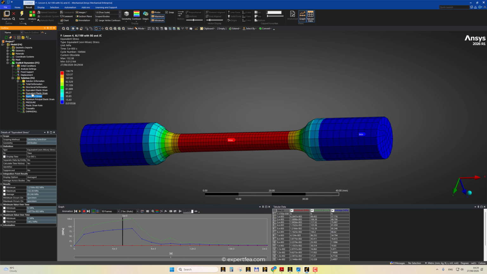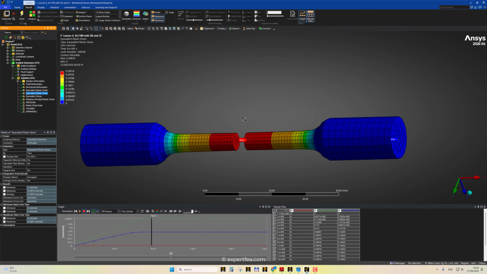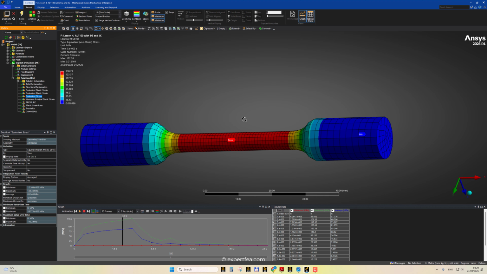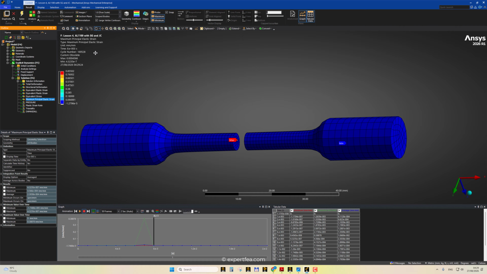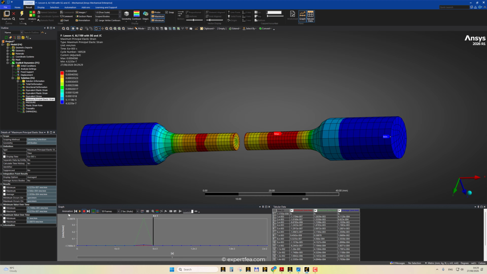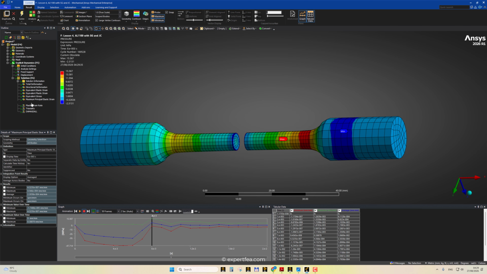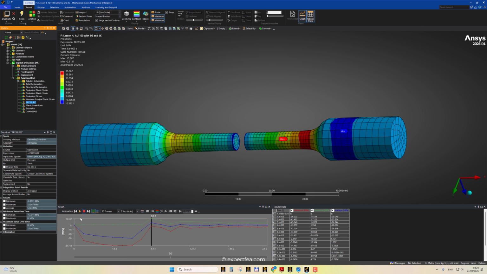So it doesn't break only because of the von Mises stress. It also breaks due to the hydrostatic pressure, which is acting at the point of breaking. We do have a peak here at the moment of breaking. This is the hydrostatic pressure that we discussed.